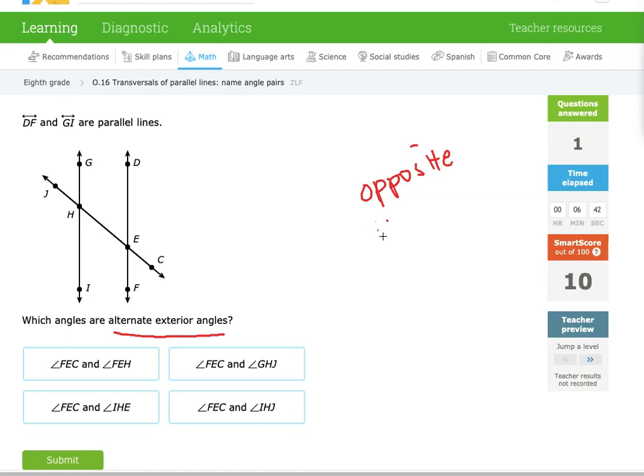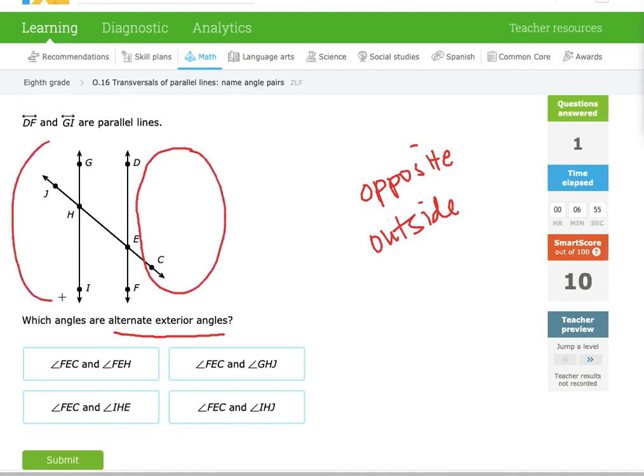Okay, so outside of our parallel lines. Our parallel lines are again slanted, but remember outside is here and here and opposite. Okay, so let's say this is our left, if we slant our head again, and then this is the right.